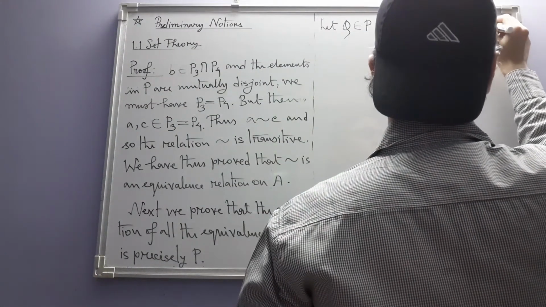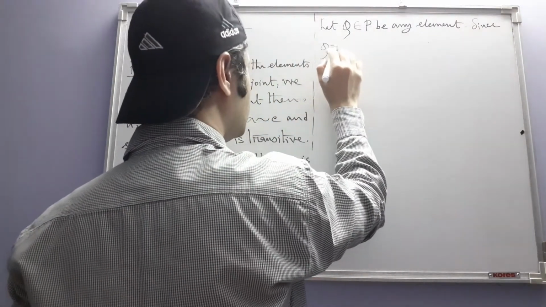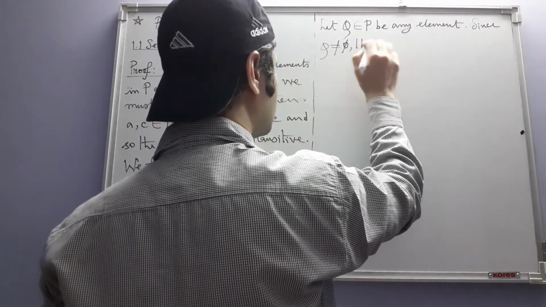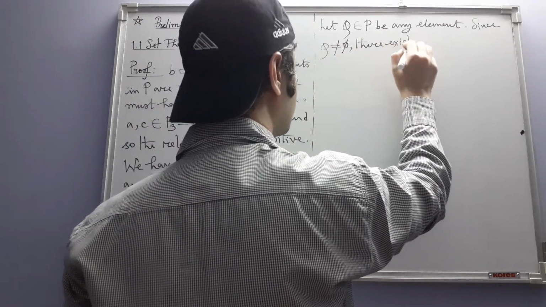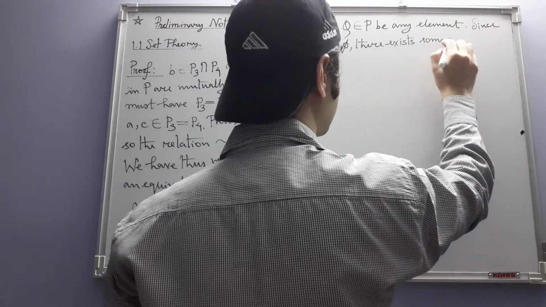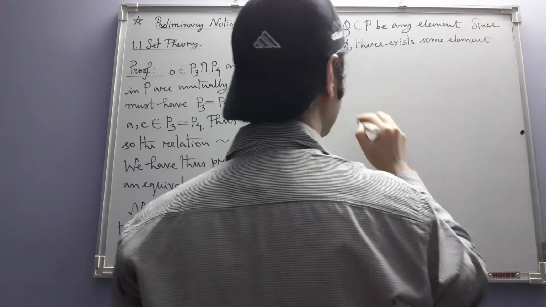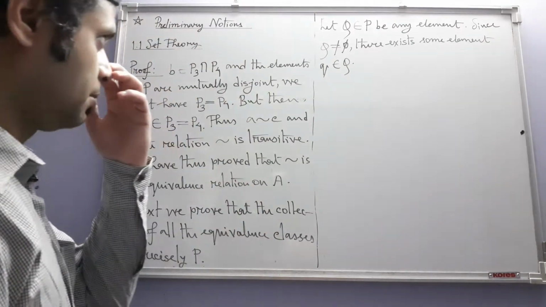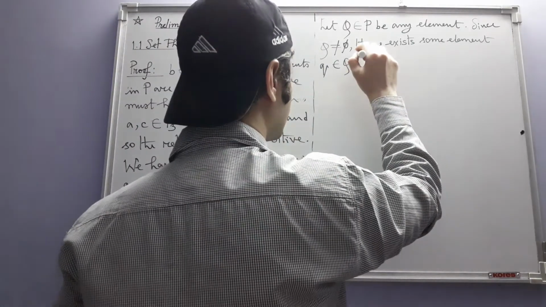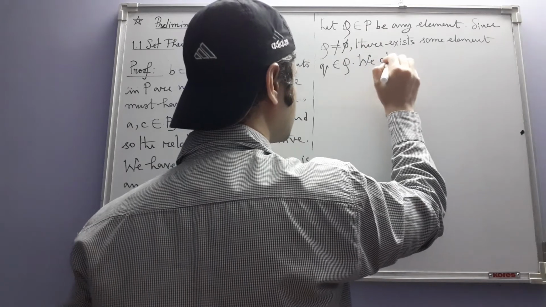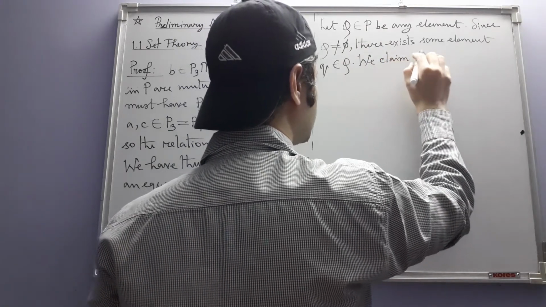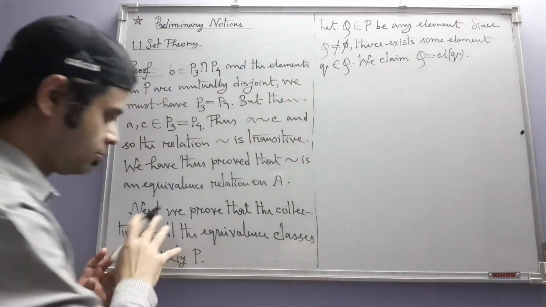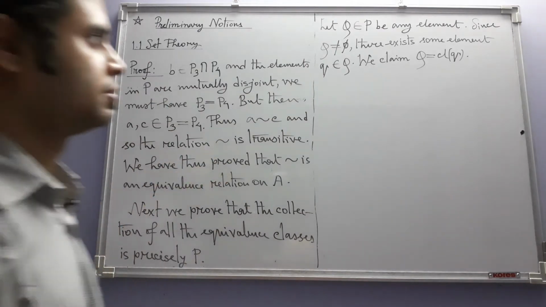Since Q is non-empty, there exists some element, say q belonging to Q. We claim that Q is actually equal to the class of this element with respect to the relation that we have defined here. Right.